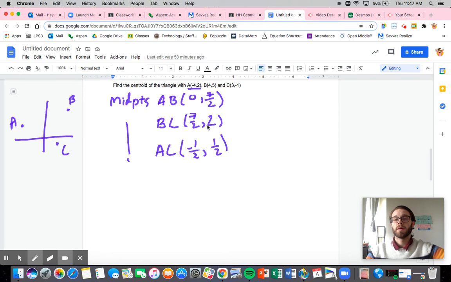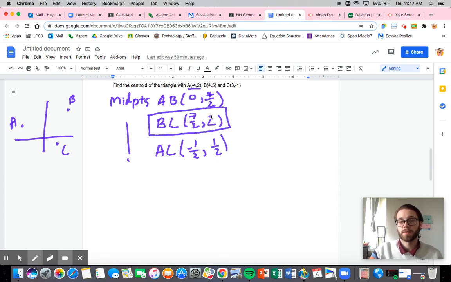Because it's a horizontal line, slope is 0, you just write y equals and then whatever the y coordinate is. So that is one you're definitely going to want to pick. It is a horizontal line, so it's just y equals whatever the y coordinate is. And now you already know what the y coordinate will be of your centroid.